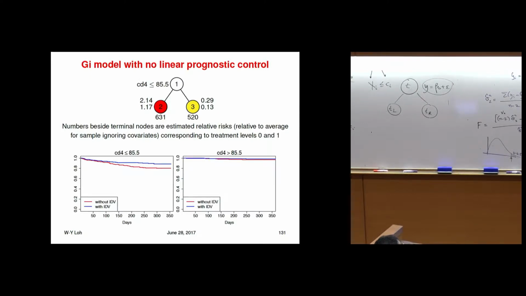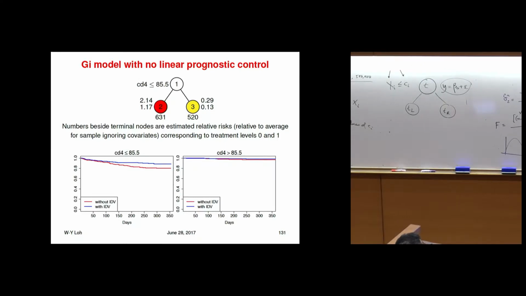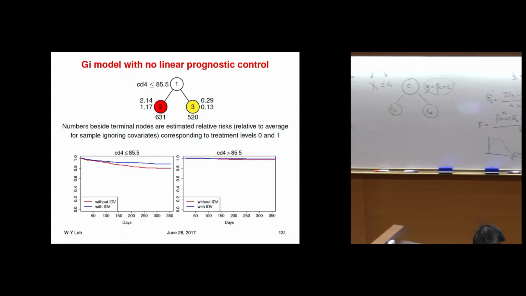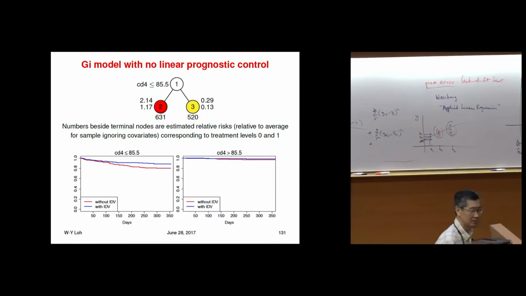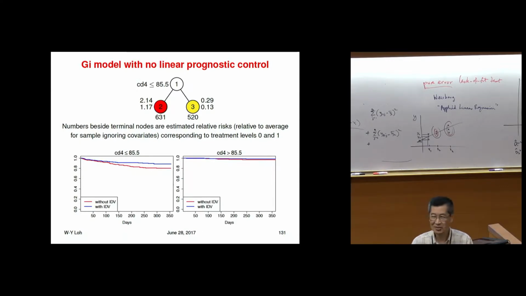If CD4 is less than 85, then you're in here, and then the blue treatment is much better than the red one. The red one is without IDV. If CD4 is above 85, then there's no difference. Okay? If it's above 85, the survival curves are higher. So if the CD4 cell count is above 85, these people are not in too bad a shape. They're all in bad shape, but at least relatively not too bad.